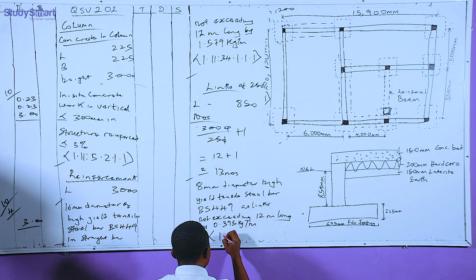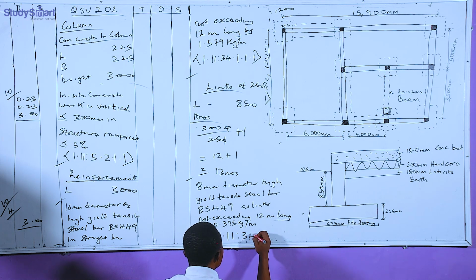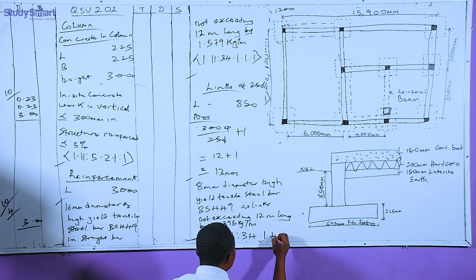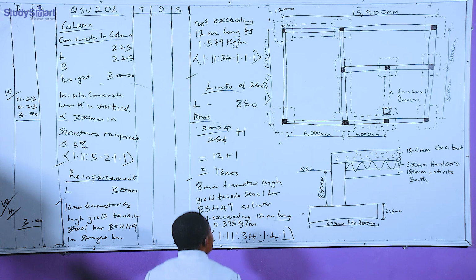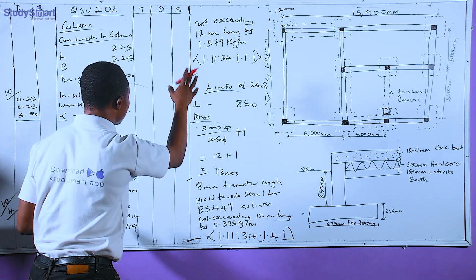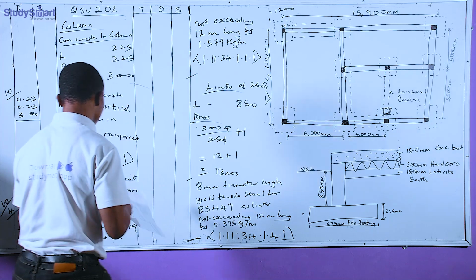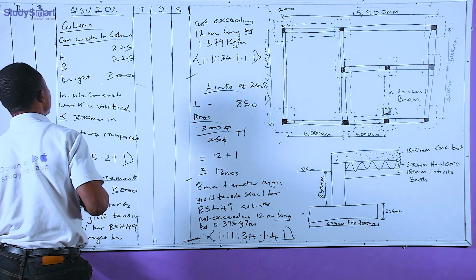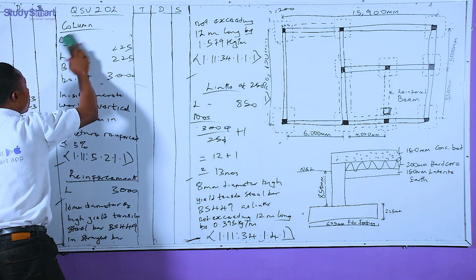So the code is 1.11 ratio 34.1.4.1. So this is the end of lintels. And the last thing that we are going to be doing in columns is the formwork.